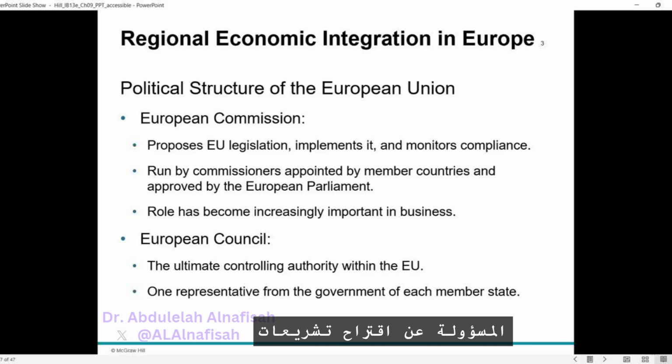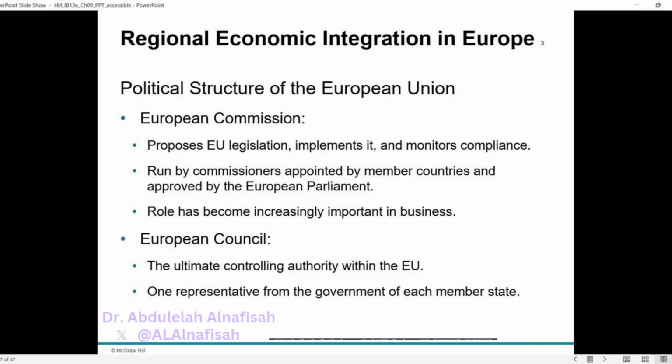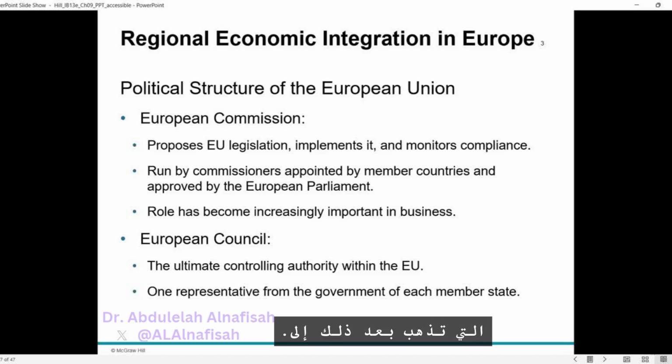The European Commission is responsible for proposing EU legislation, ensuring compliance with EU laws by member states, and implementing these laws. It has 27 commissioners, one from each member state, who are appointed for 5-year terms. The Commission has a monopoly on proposing EU legislation, which then goes to the Council of the EU and the European Parliament for approval.